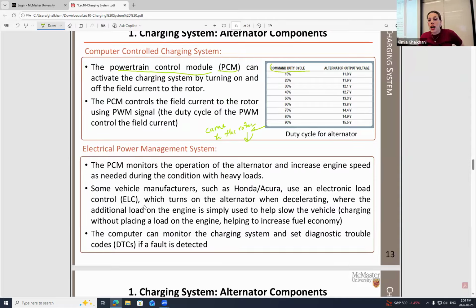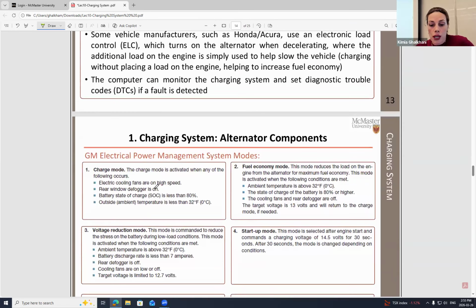You can see right in here, I have the duty cycle, and I have the alternator output voltage, which is measured using your multimeter. So based on that, you can just measure it. In here, I also mentioned it is going to monitor the flow of the current inside the rotor.